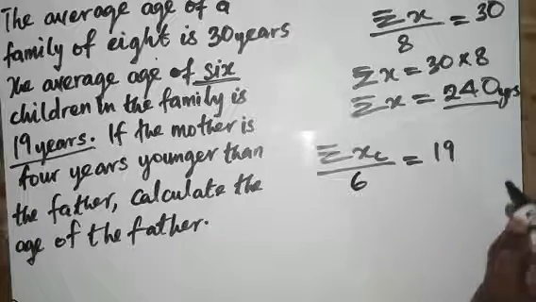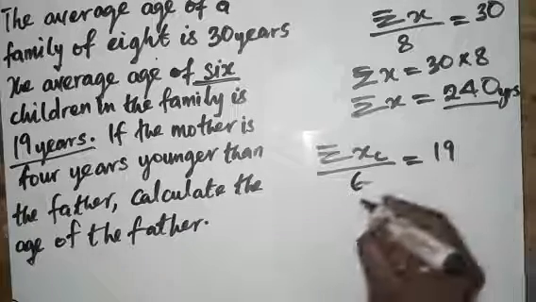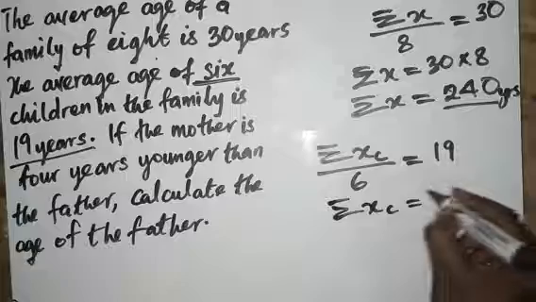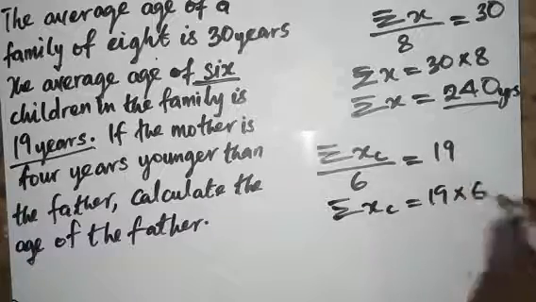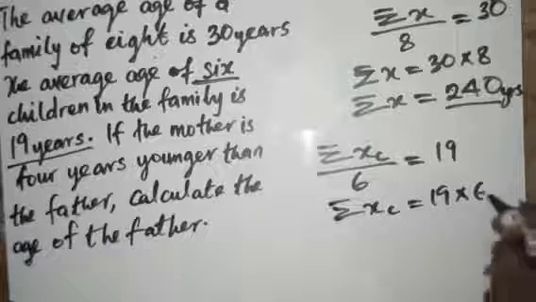The children are 6. So what it means is that the sum of ages of the children is going to be 19 times 6. We say 6 children have this average age.